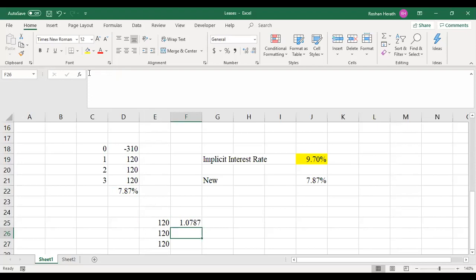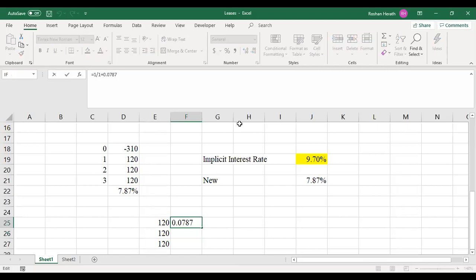එතකොට ඒක ඒ විදිහට තමයි 1 divided by 1 plus 0.0787. So is that right? Okay. So that is the new discount rate.